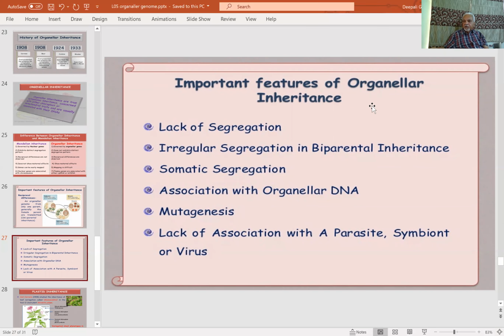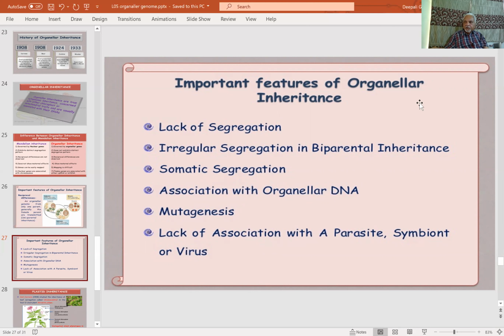To conclude what I'm discussing here, the features of organelle inheritance: they lack segregation, unlike nuclear genes which show segregation. Irregular segregation in biparental inheritance, somatic segregation, association with organelle DNA, mutagenesis, yes, there are mutations, and lack of association with a parasite, symbiont, or virus.